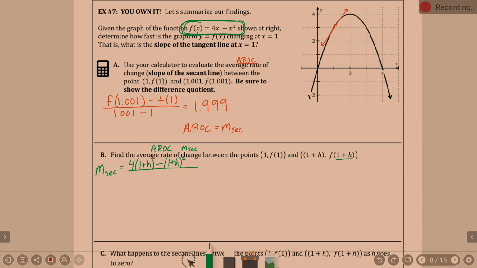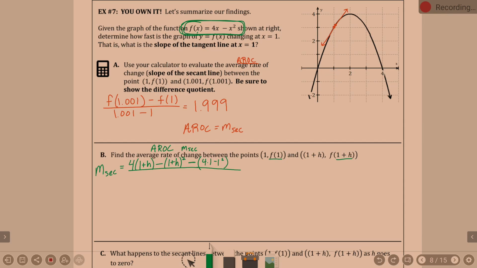And then we have to say what? Minus f of 1. So f of 1, every place we see x, we plug in 1. So that's just doing 4 times 1 minus 1 squared, whatever that math works out to be.